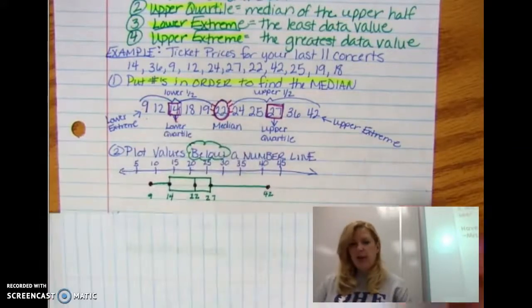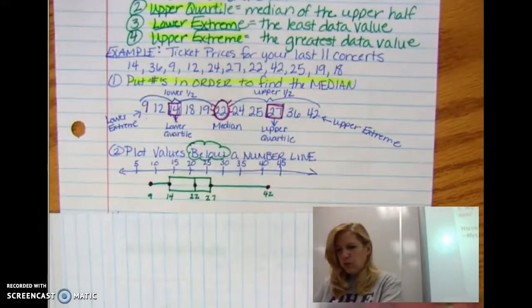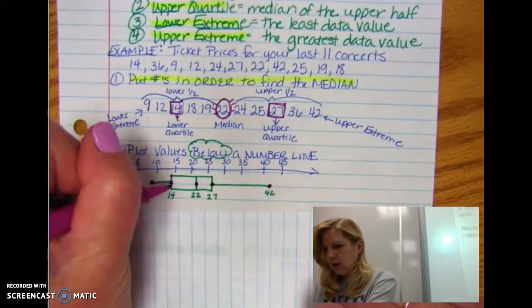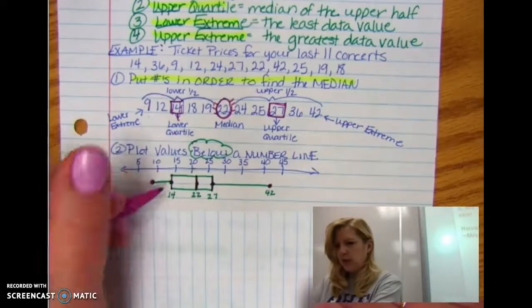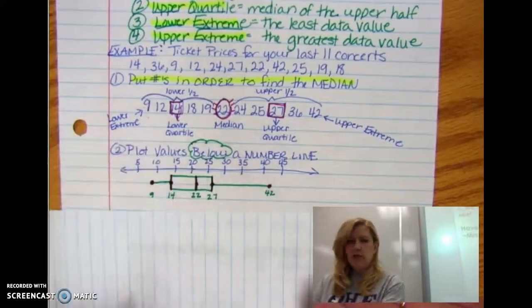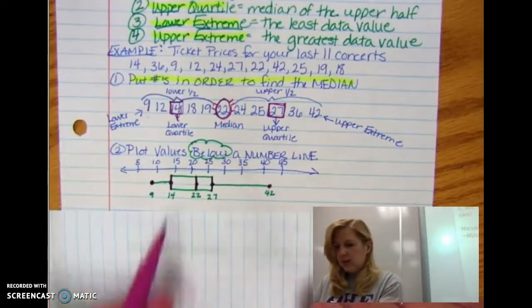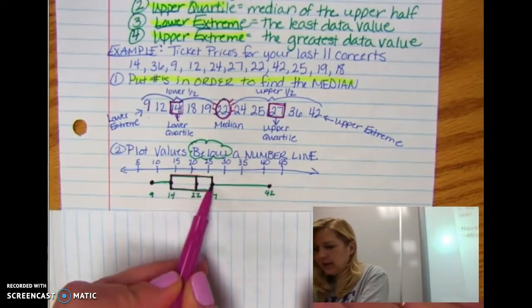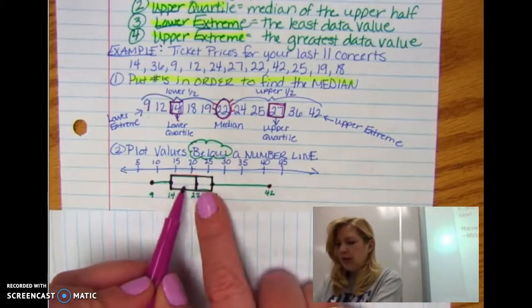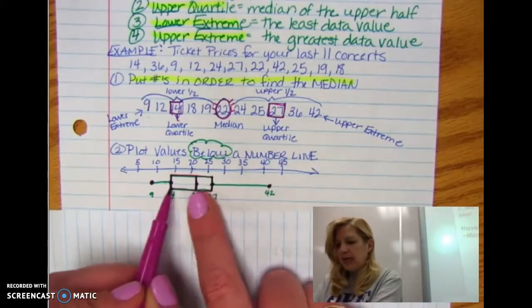There's my dot. So the reason they call it a box and whisker is I drew a straight line through these 3 points in the middle. This is where my box is going to be. This is where the bulk of the data falls, between the lower quartile and the upper quartile, how the data spreads out.